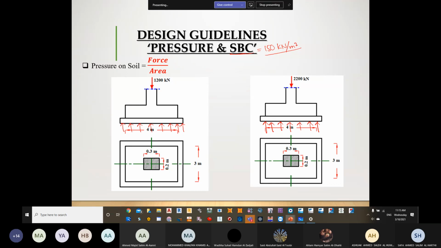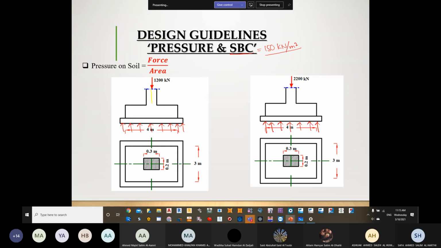Now I need to check the loading coming from the top, and how much pressure it is causing.